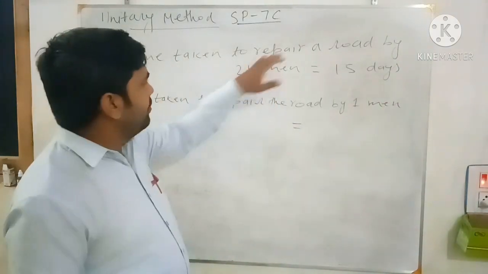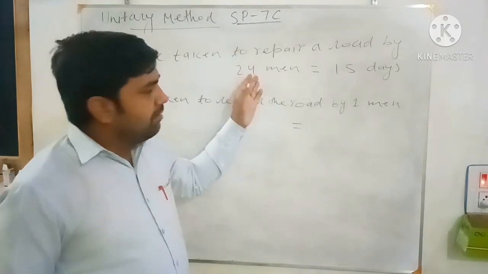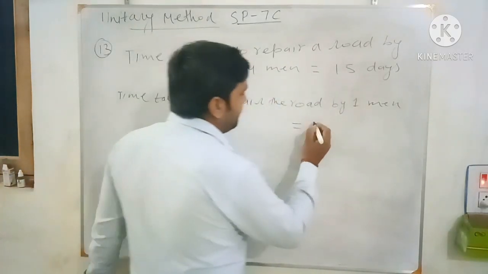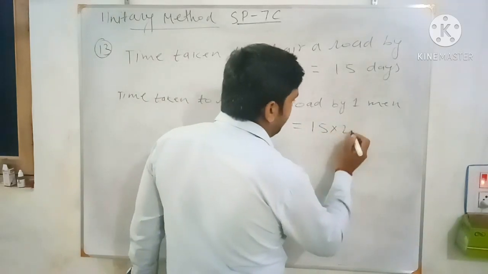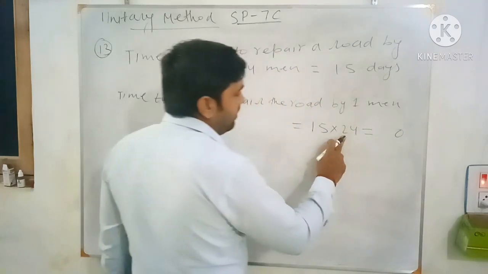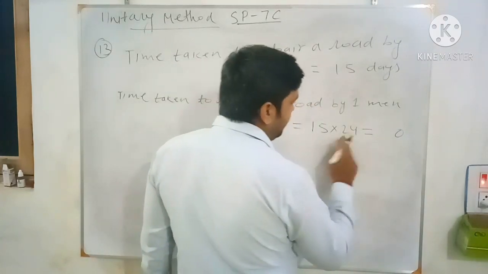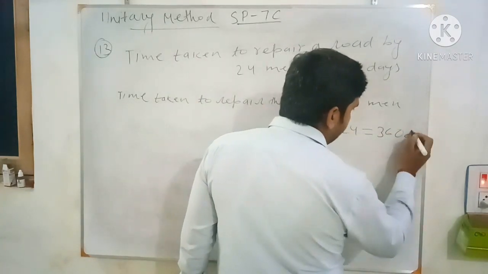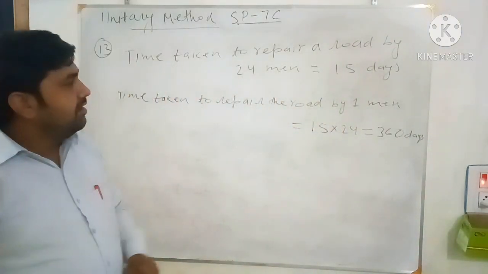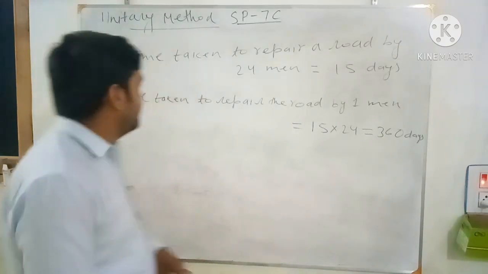If 1 man works on repairing a road, it will take more number of days. So for the larger number we have to multiply, that is 15 into 24. Now 15 times 4 is 60, 0, carry 6, 15 times 2 is 30, 36, 360 days. So 1 man will repair the same road in 360 days.